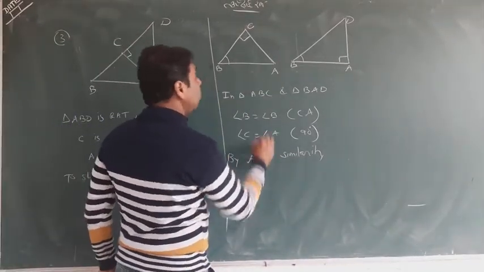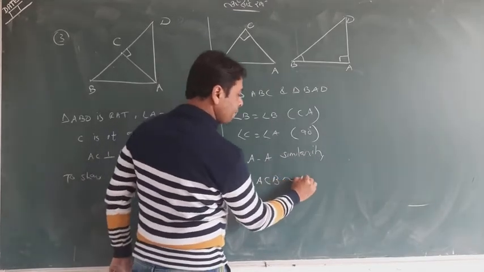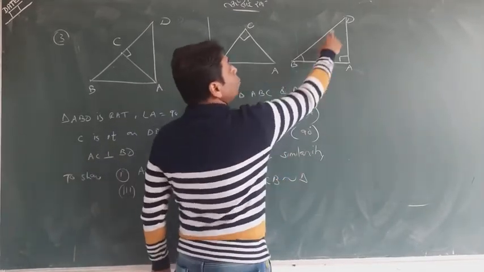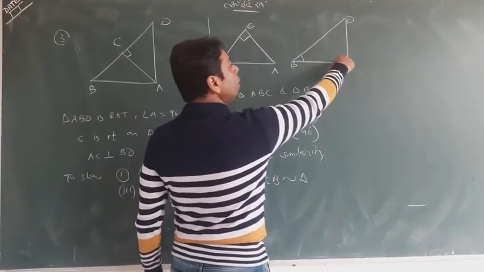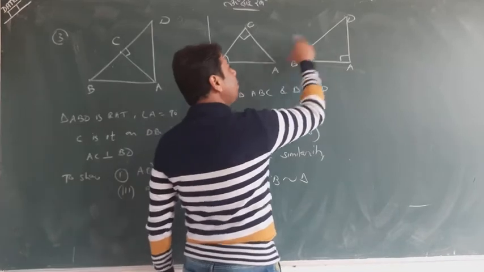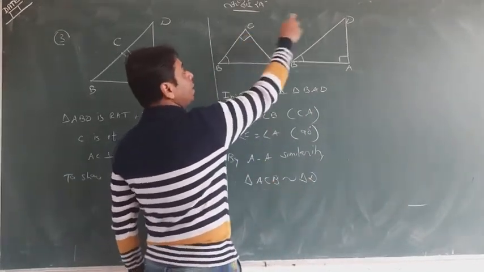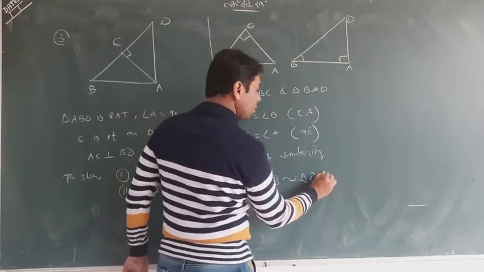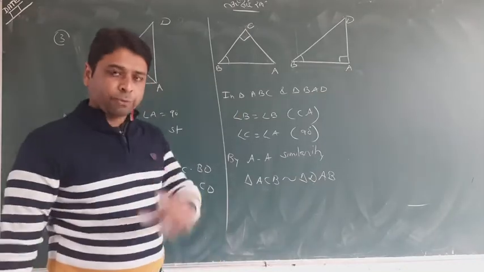So give the proper names. A is 90 degrees, now the acute angle: A equal to D. Why? Because C is equal to A, B is equal to B, so definitely A will be equal to D. So D, then the right angle, so DA, and then acute angle B. This is the way of writing.